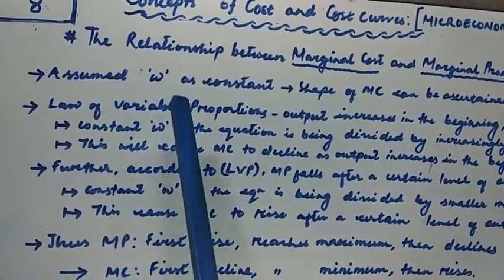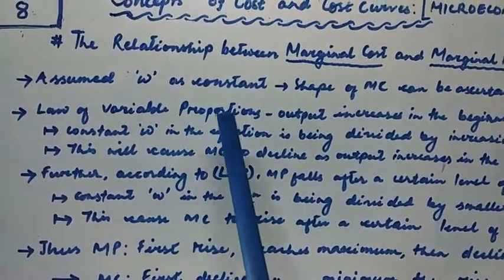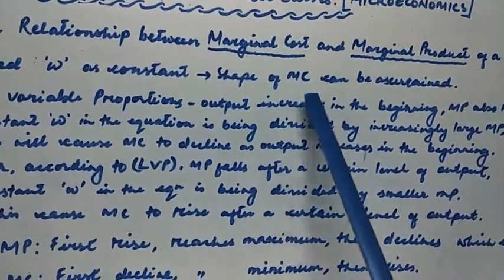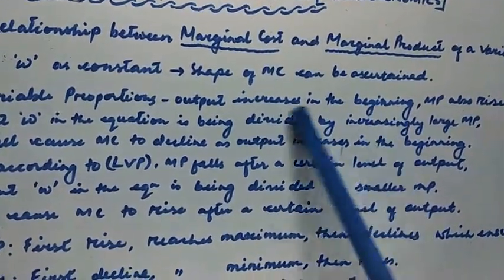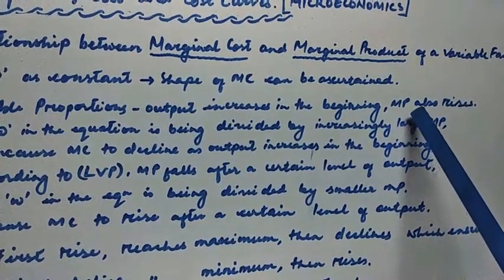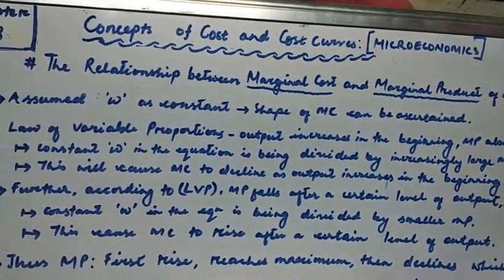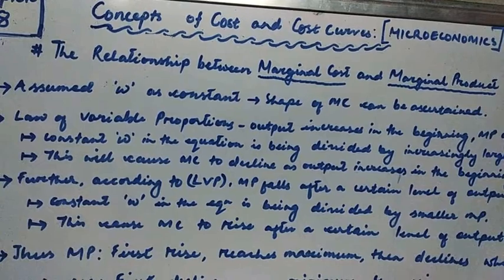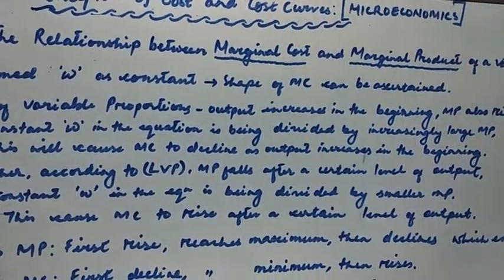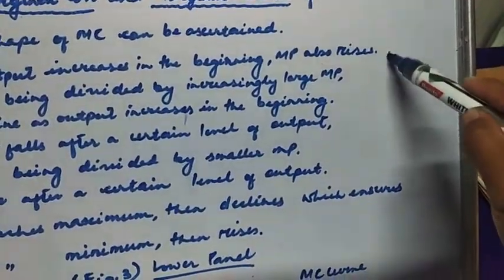So according to the law of variable proportion, so we have studied what is the law of variable proportions. According to this law, when output increases in the beginning, the MP curve, the marginal product, also rises. So that is according to the law of variable proportion. Imagine in your mind this diagram.